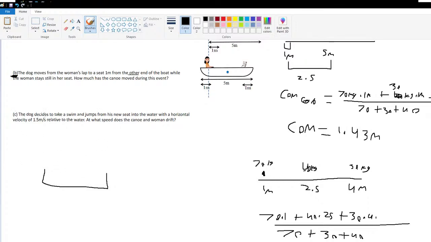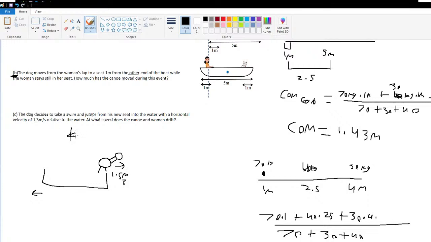So then the final question, basically, we're just trying to find out how fast the boat moves this way if the dog, I'm going to draw a little doggy here, jumps off the boat at 1.5 meters per second. So this is momentum, right?